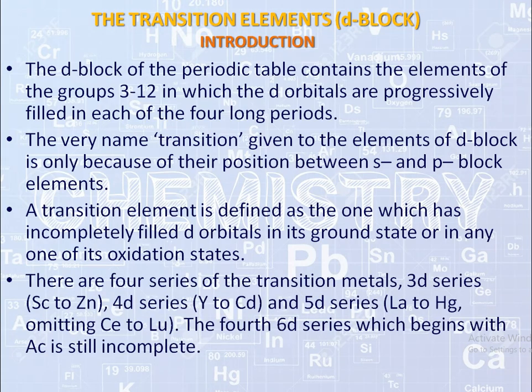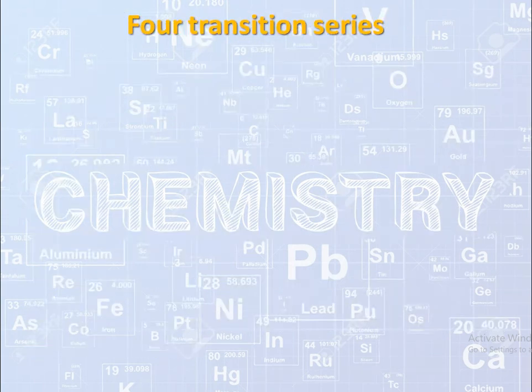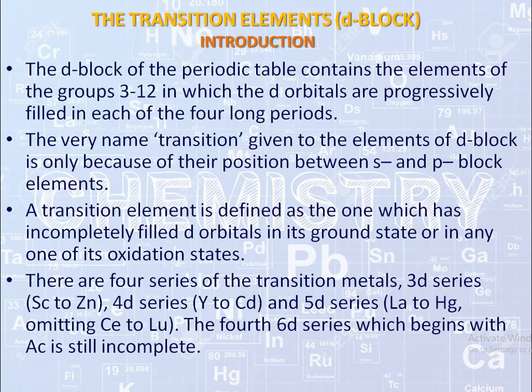There are 4 series of transition elements in the long form of the periodic table. So, they are 3d, 4d, 5d and 6d, corresponding to filling of 3d, 4d, 5d and 6d orbitals.